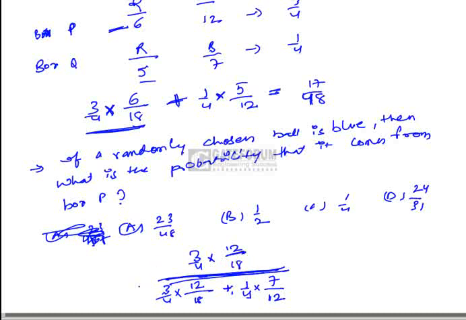So if we choose any blue ball, this is the probability that it comes from box P. If we simplify this, we will be getting the answer as 24 by 31, which is option D.